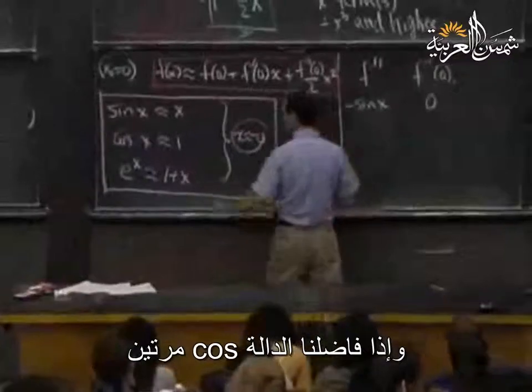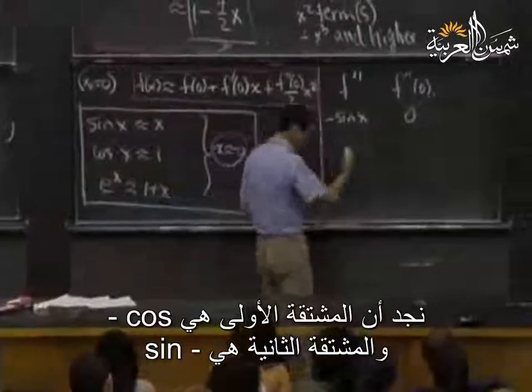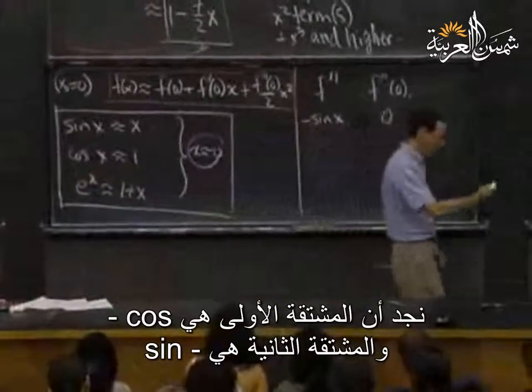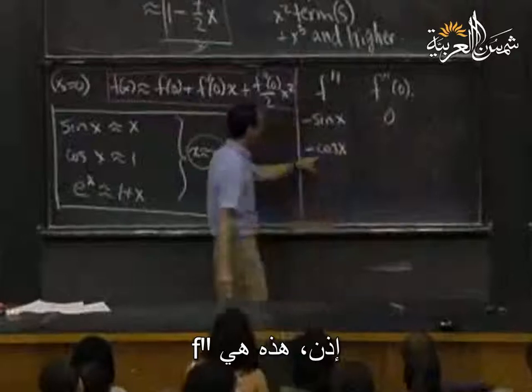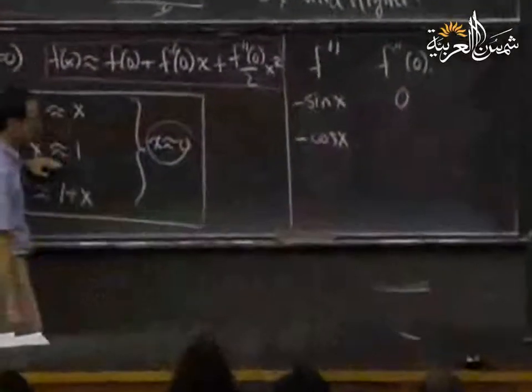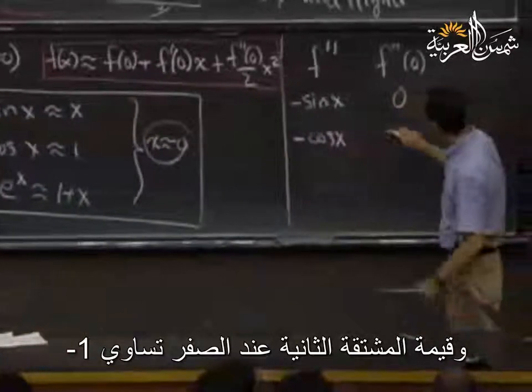For the cosine function, if you differentiate twice, you get the derivative is this minus the sine, and the derivative of that is minus the cosine. All right, so that's f double prime. And now, if I evaluate that at 0, I get negative 1.